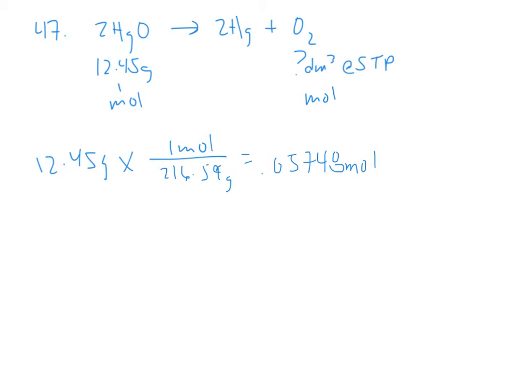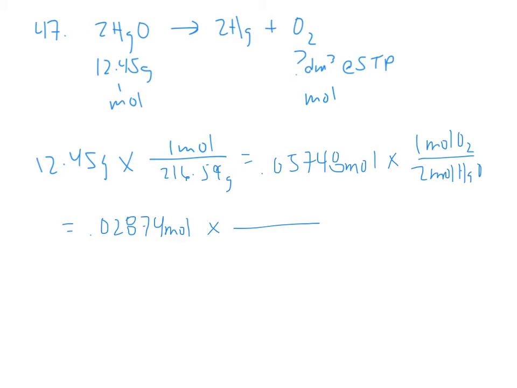moles of the reactant. And I see it's in a 2:1 ratio with O2. I only get 1 O2 from every 2 moles of HgO. So my molar amount of oxygen is just 0.02874.